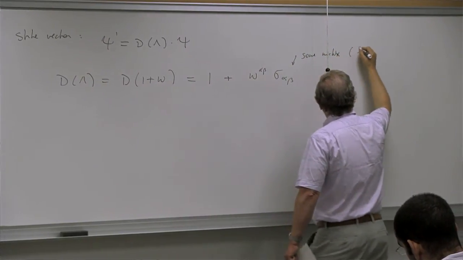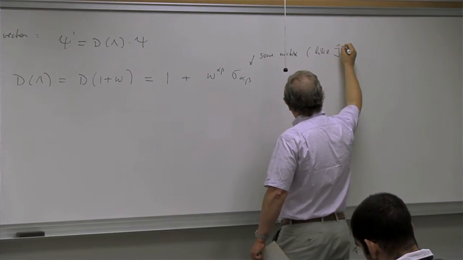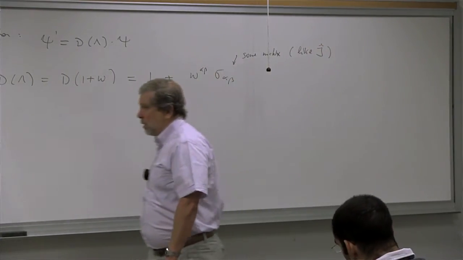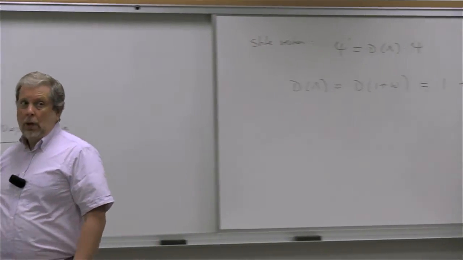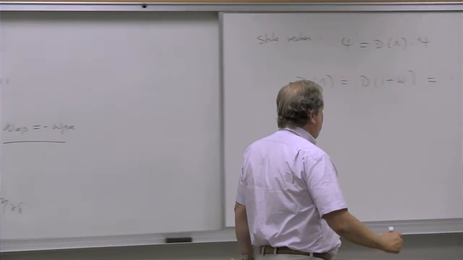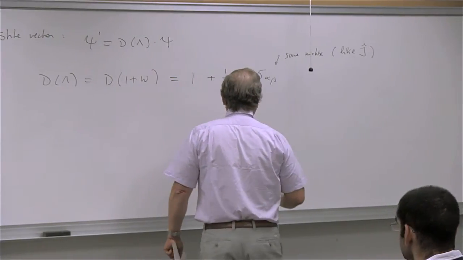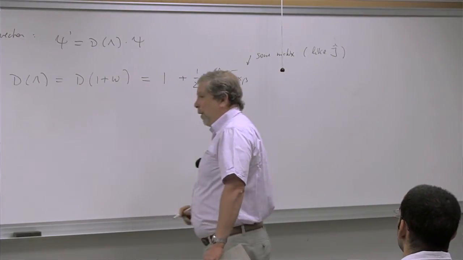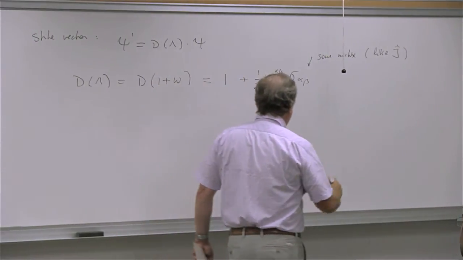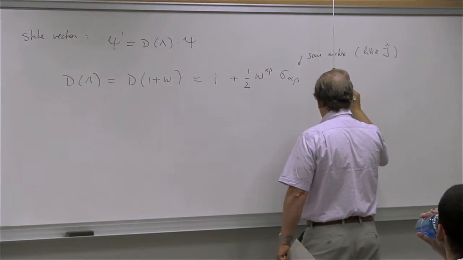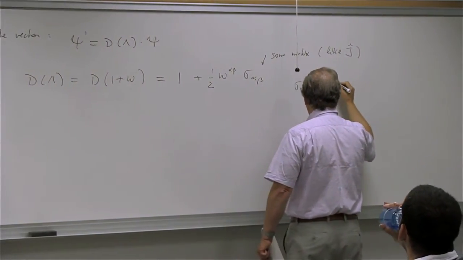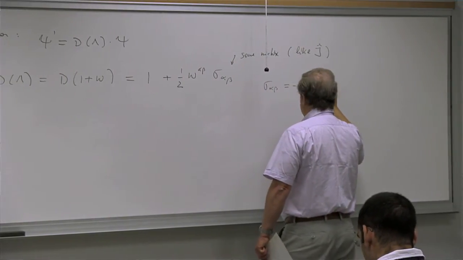So this is like the J. The sigma is like the J. And times 1/2, because omega alpha beta is antisymmetric, and we're going to pick the sigma alpha beta also to be antisymmetric, which is sigma alpha beta minus sigma beta alpha.